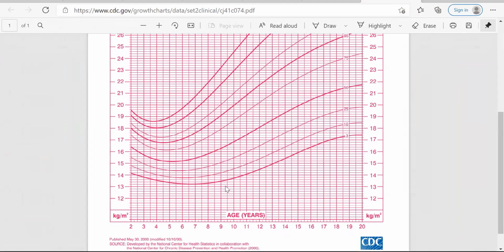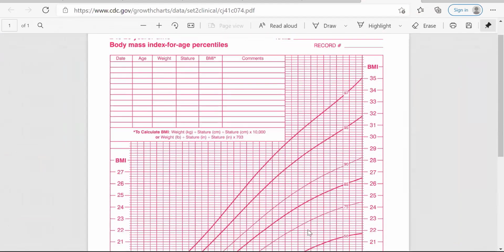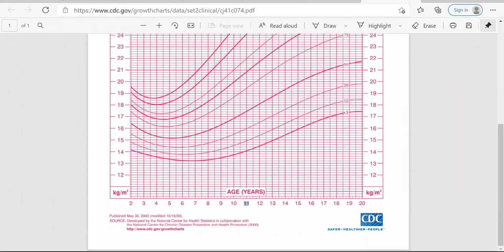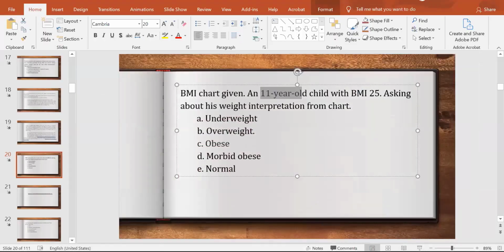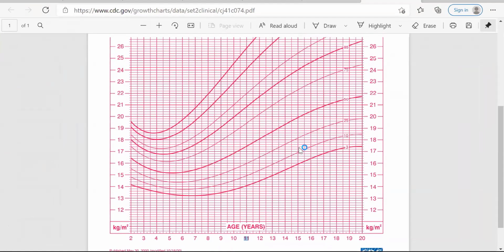Okay. So you need to first look at the x-axis, this is the age. So this is an 11-year-old. And let's say that this 11-year-old child is a girl. So an 11-year-old girl with a BMI of 25.